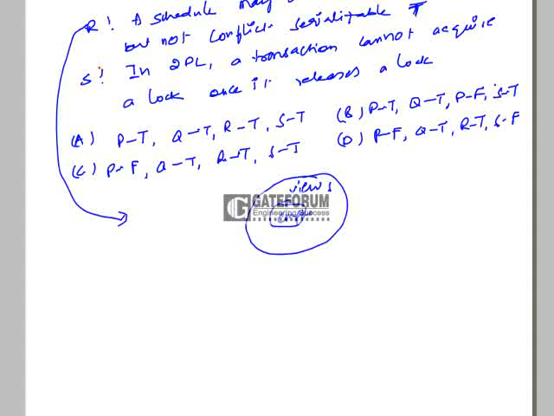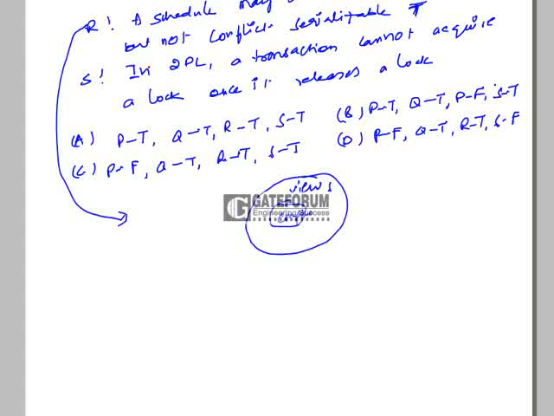Statement S: in 2PL, a transaction cannot acquire a lock once it releases a lock. Yes, this is also true. In two-phase locking protocols, there is a growing phase and a shrinking phase. In the growing phase, it will acquire locks.